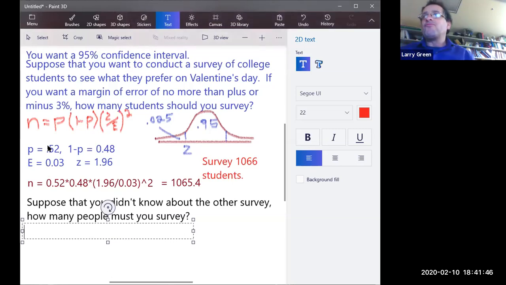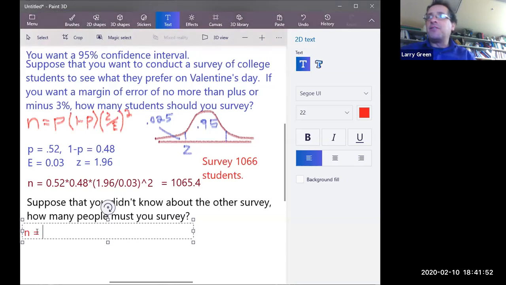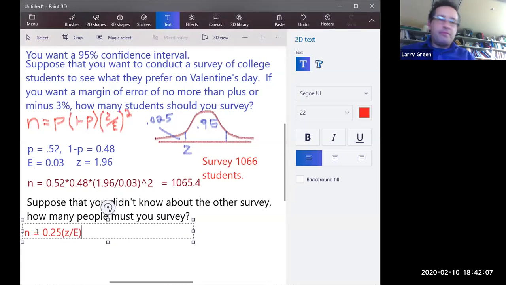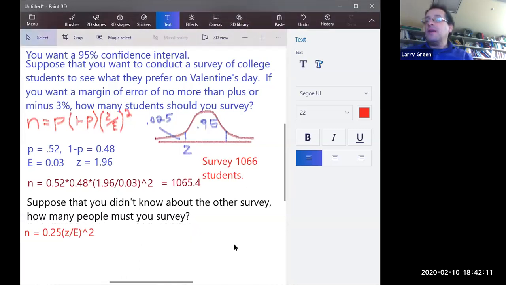I wouldn't ask you about the vertex, but that's what's going on. So n is equal to, it's no longer p times 1 minus p, it's a half times 1 minus a half, which is 0.25, times z over E, squared. That's the formula when you don't have any estimate for the proportion beforehand.